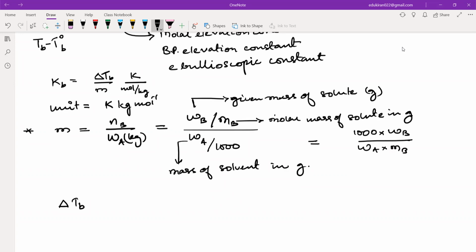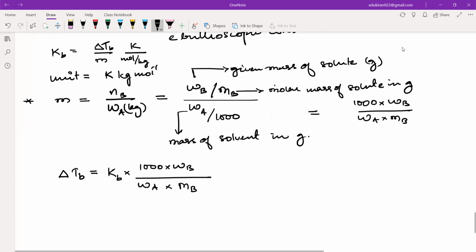Okay, this is what molality. This is your molality. So delta TB will be equal to whatever the KB is into 1000 into WB. That means the given mass of solute divided by W of A into the molar mass of B. Into the molar mass of B.